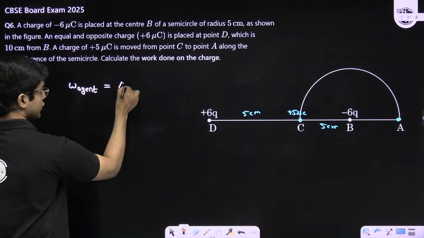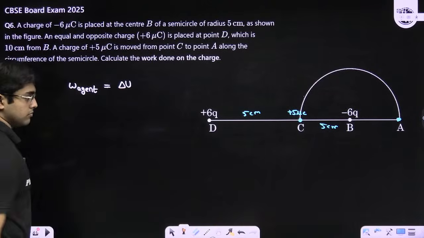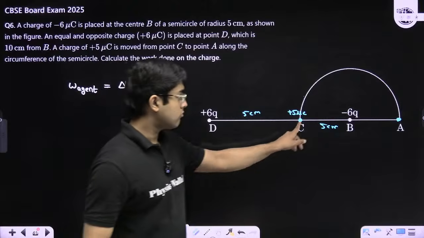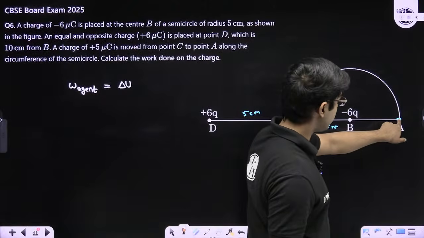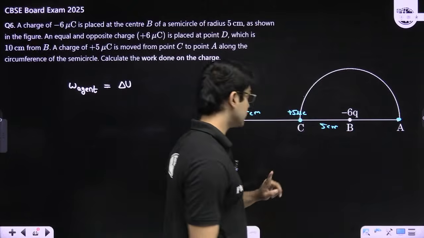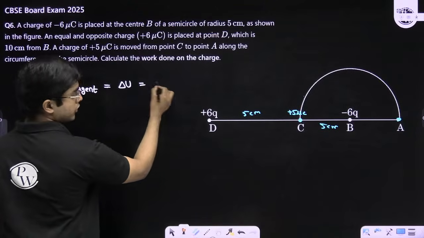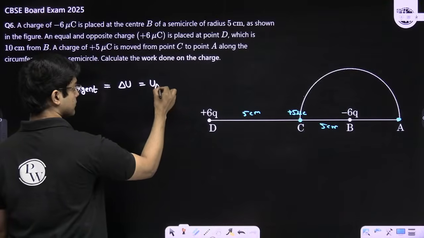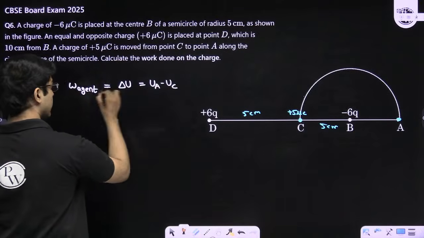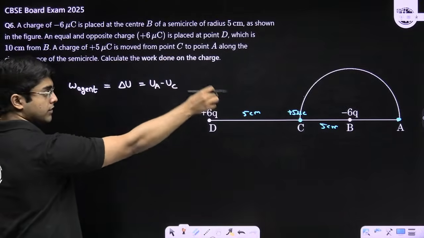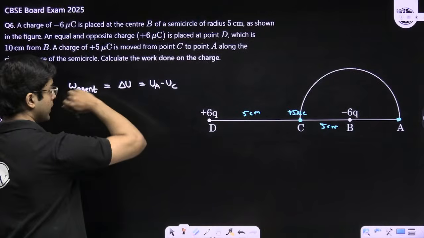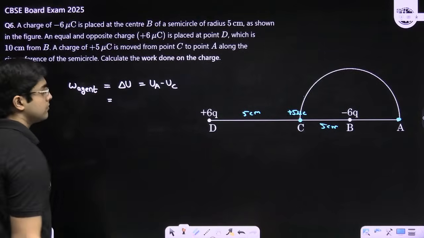This is nothing but the change in potential energy of the system. If the potential energy finally is UA and initially it is UC, delta U is going to be UA minus UC. This will give you the work that the agent did to take the charge from C to A. So what is UA?